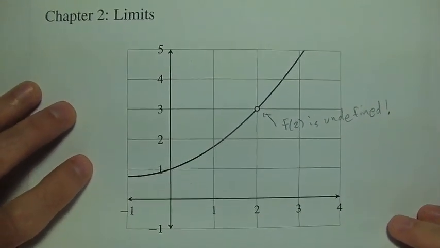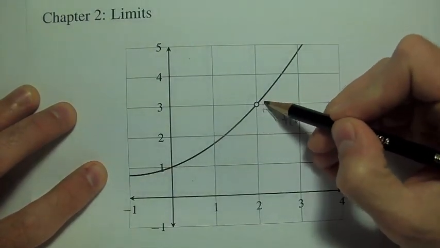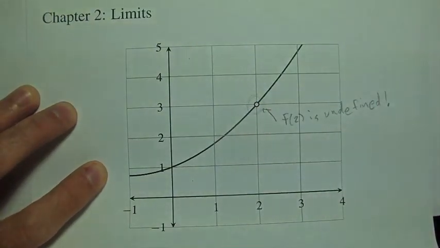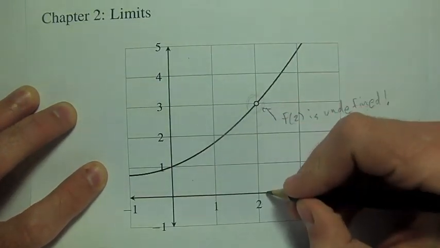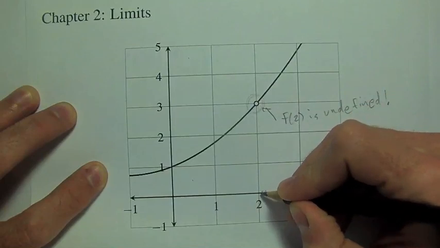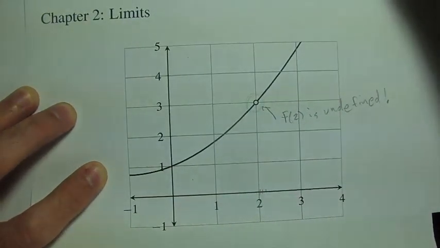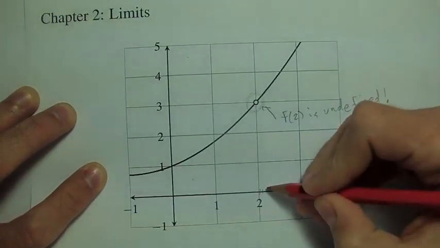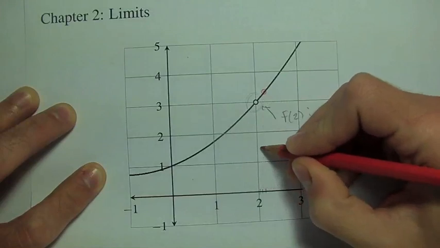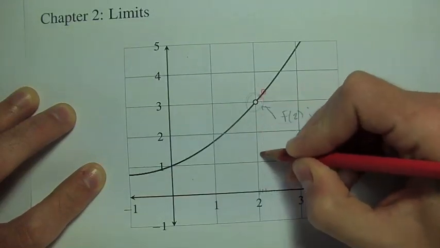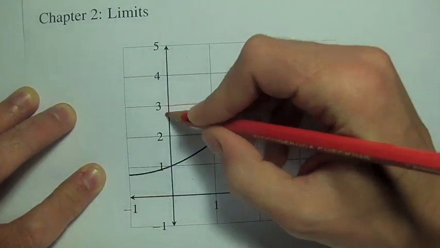Even though we have a hole, we see that close by that value, as my x's get closer and closer to 2, the y values are getting closer and closer to this y value of 3.